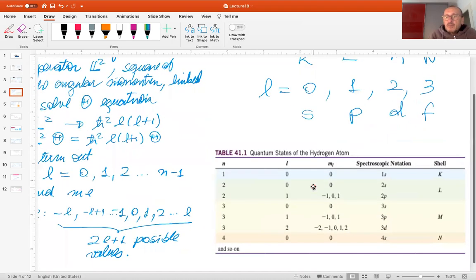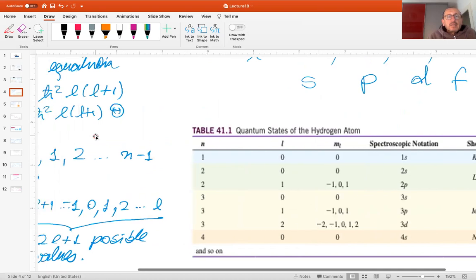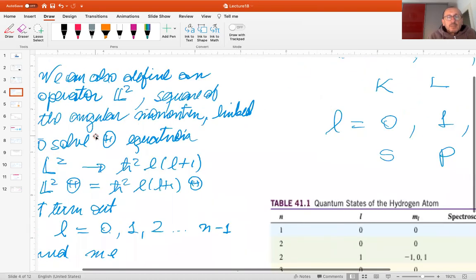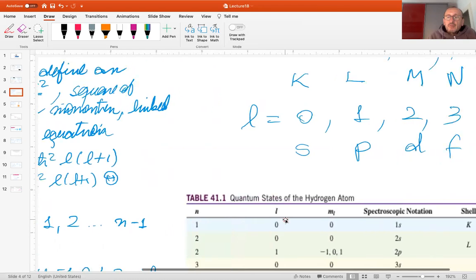So we have, this is the value n. If n equals 1, the only possible value of L is 0. Why is that? Because L, I wrote it somewhere, only goes to n minus 1. So if n is 1, the only possible value of the angular momentum is 0.